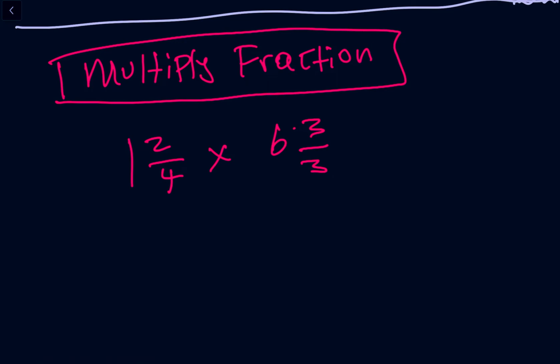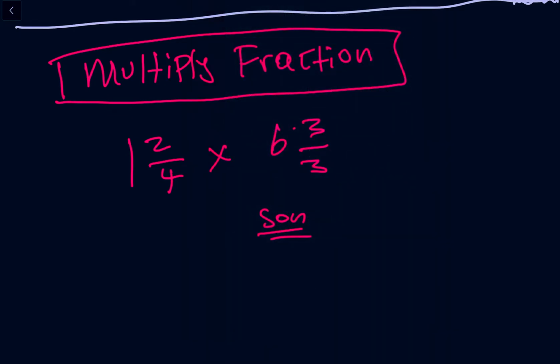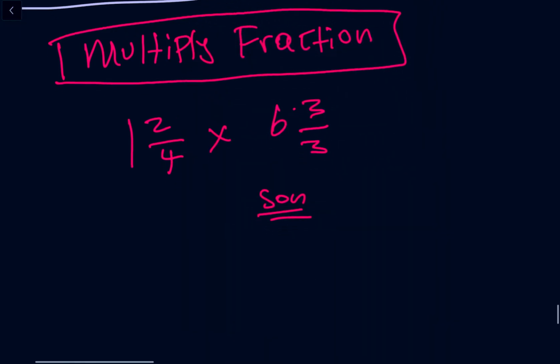Now to multiply this fraction, you're going to convert these mixed fractions to improper fractions. If you watched the introduction to fraction, the type of fraction shouldn't be an issue for you at all. To do that, we take this 4, multiply it by 1, and then add it to the 2 on the numerator.